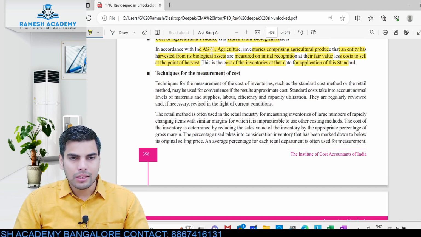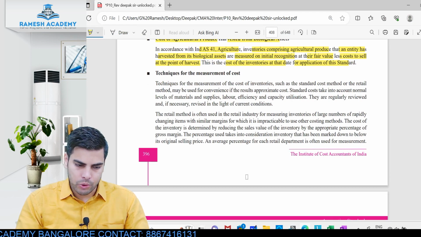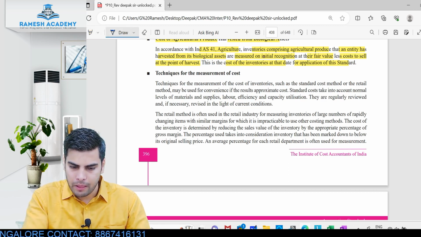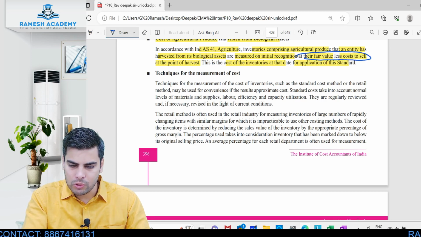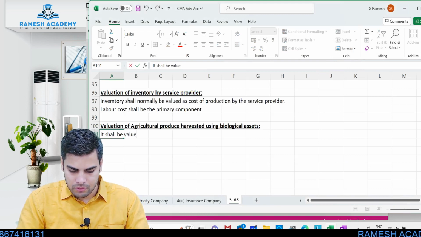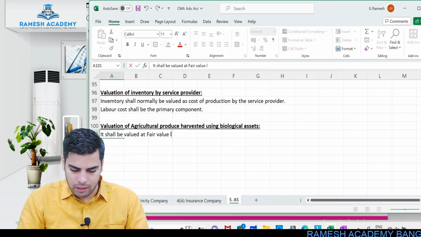Look at this. These will be valued at fair value. So here the important thing is it should be valued at fair value. They are measured on initial recognition at their fair value less cost to sell. Okay, so it shall be valued at fair value less cost to sell.